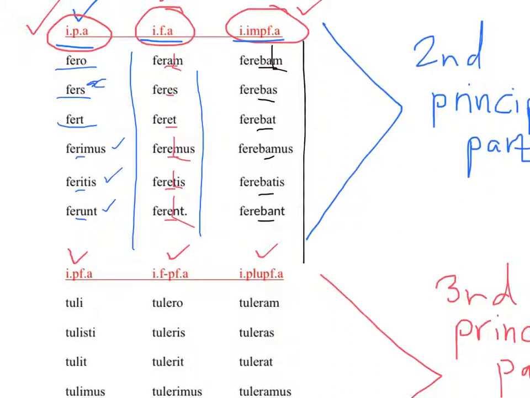The regular endings m, s, t, mus, tis, nt that you're accustomed to for the present, the future, and the imperfect. If you understand the formation of these tenses, this fero does not blow your mind. It's not wildly and completely different, but it's irregular enough that you need to spend some time with it.